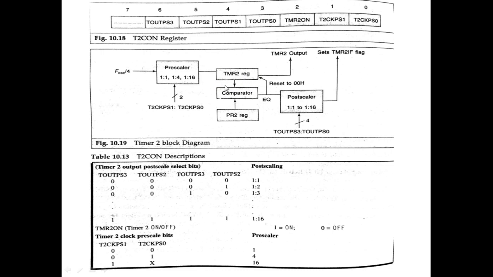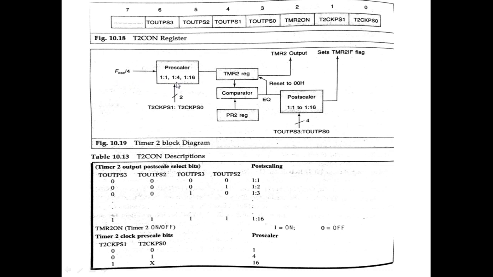So TMR2 is the 8-bit count register. Then it has a pre-scaler as well as a post-scaler. The pre-scaler can divide the input frequency. This is only a timer, so there is no signal coming from outside. The clock signal will always be taken from the CPU clock.